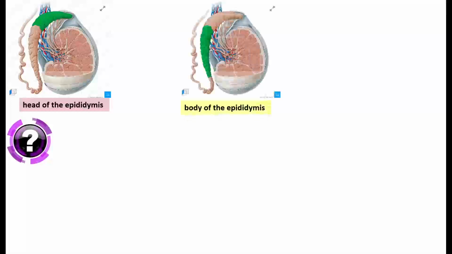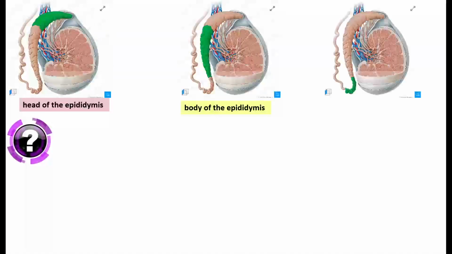Therefore, this is the body of the epididymis. And the epididymis ends near the inferior part of the testis, and this part is marked green, and it is the tail of the epididymis.